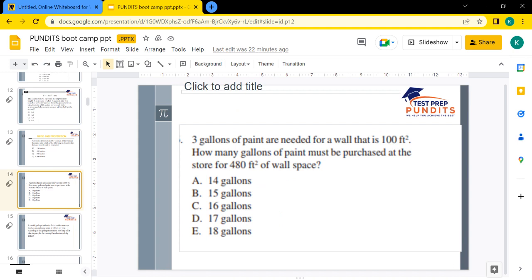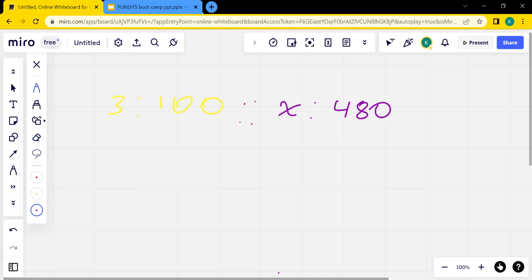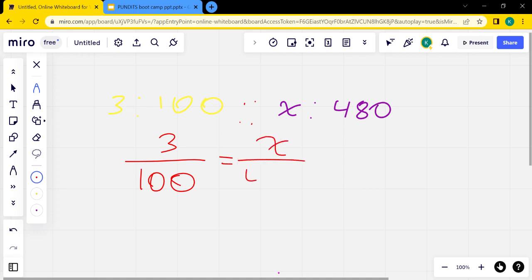3 gallons of paint are needed for a wall that is 100 square feet. How many gallons of paint must be purchased at the store for 480 square feet of wall space? This is a proportion and you can write it like so. Last time I showed you how we can write proportions as divisions. 3 by 100 is equal to x by 480.